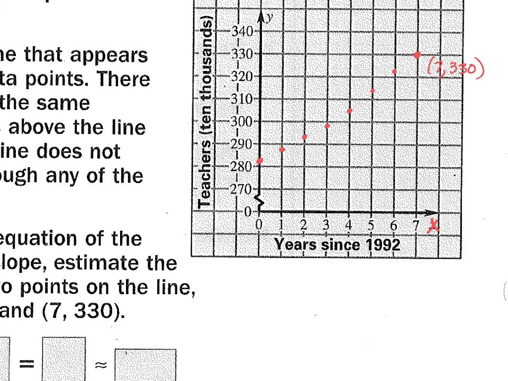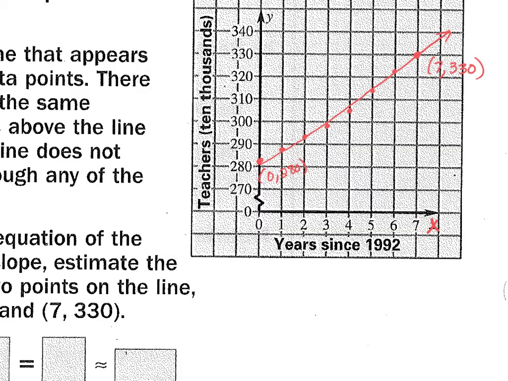I'm just going to try and split the data as best that I can. We do know the y-intercept is (0, 282), but those are not good numbers to use. What's real close to 282? So we're going to use (0, 280).